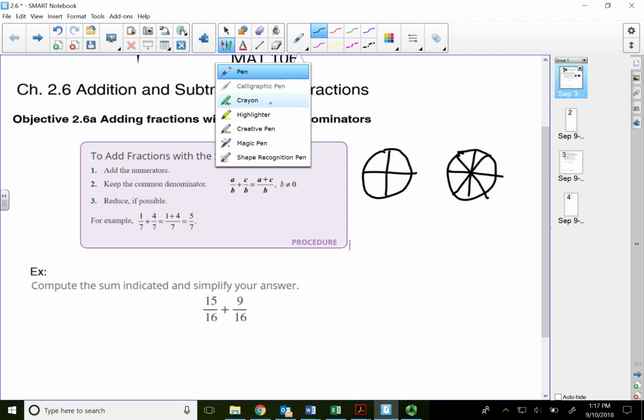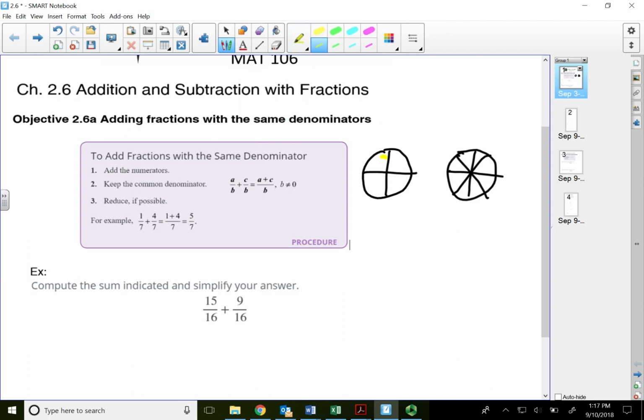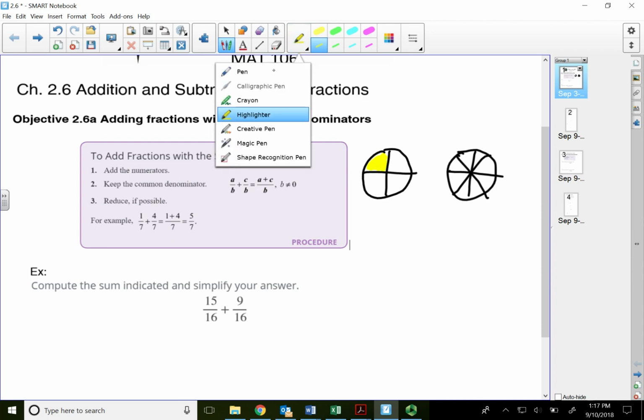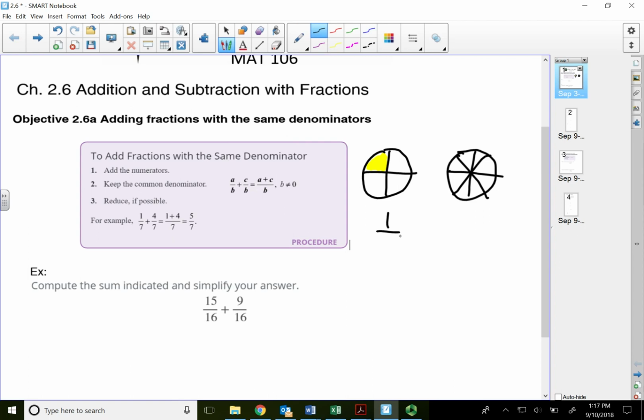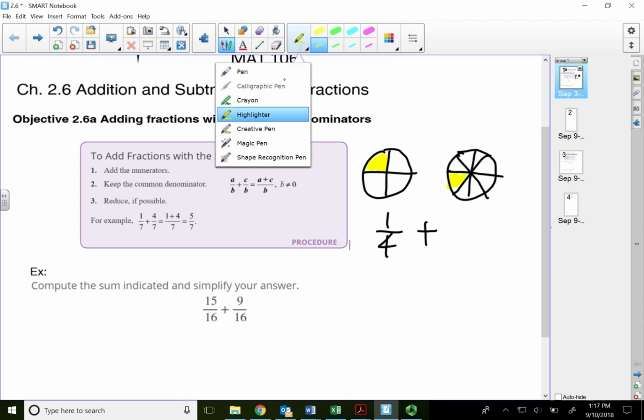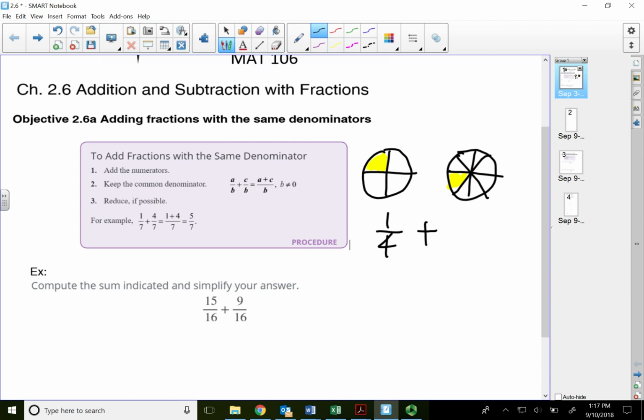If I eat one out of the 4 slices from the first pizza, and I also eat 1 slice out of the one that is cut into 8, that's 1 out of the 8, because I cut it into 8 slices.